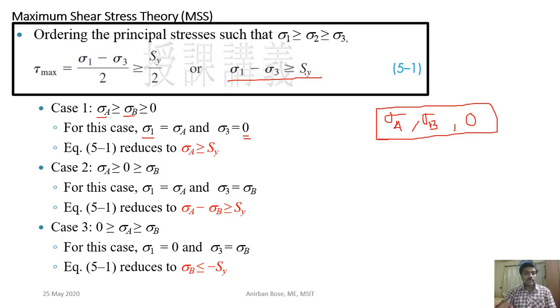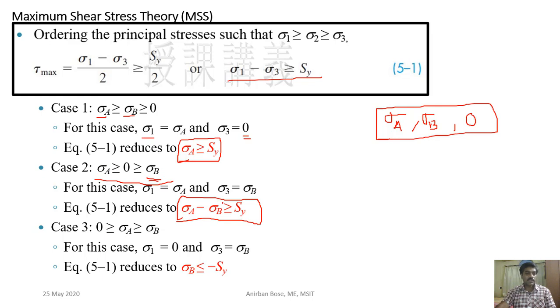That is, sigma 1 minus sigma 3 is Sy. Sigma 3 is 0 and sigma 1 is sigma A, so sigma A is greater than or equal to Sy. This is the condition. Or if you consider the situation where sigma B becomes negative, that will become sigma 3, because sigma 3 is the minimum principal stress, and sigma A will be sigma 1.